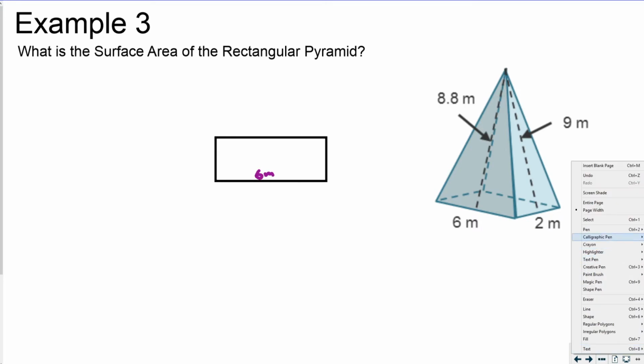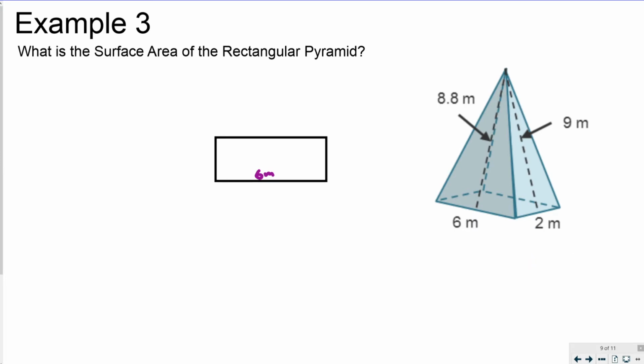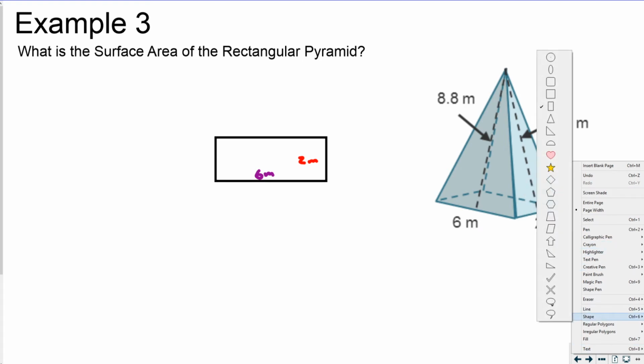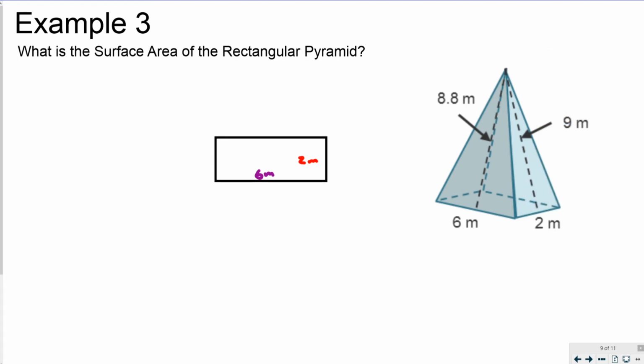The next measurement would be that the side here is 2 meters. And now we're going to have two different types of triangles here. We are going to have a longer and thicker triangle here. And then we're going to have a skinnier triangle.